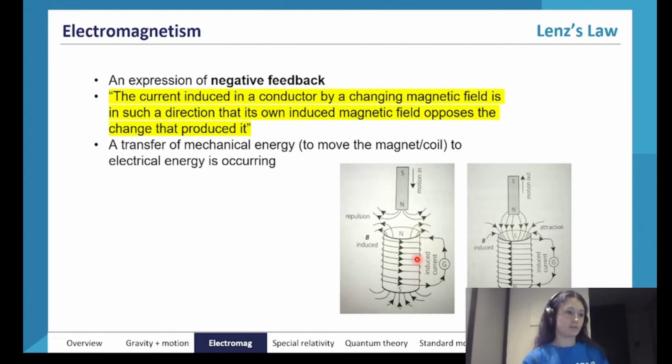So basically, you're trying to move the magnet in, and as a result of this changing magnetic field, remember, a changing magnetic field generates EMF. A changing magnetic field induces our current. You are changing the magnetic field by moving this magnet, and as a result, the current is kind of refusing that, and it's generating its own magnetic field to oppose that. And as a result, it's going to generate a current with north in this direction so that it opposes your magnet.